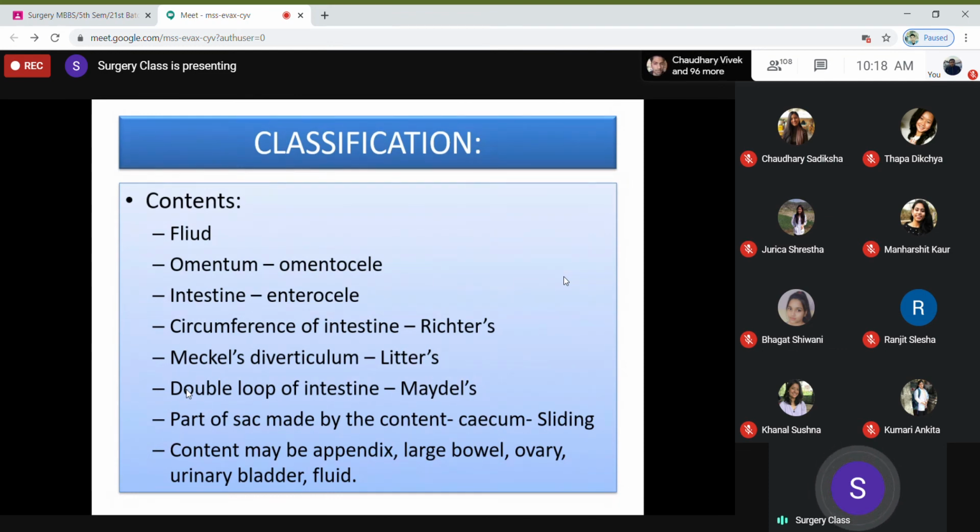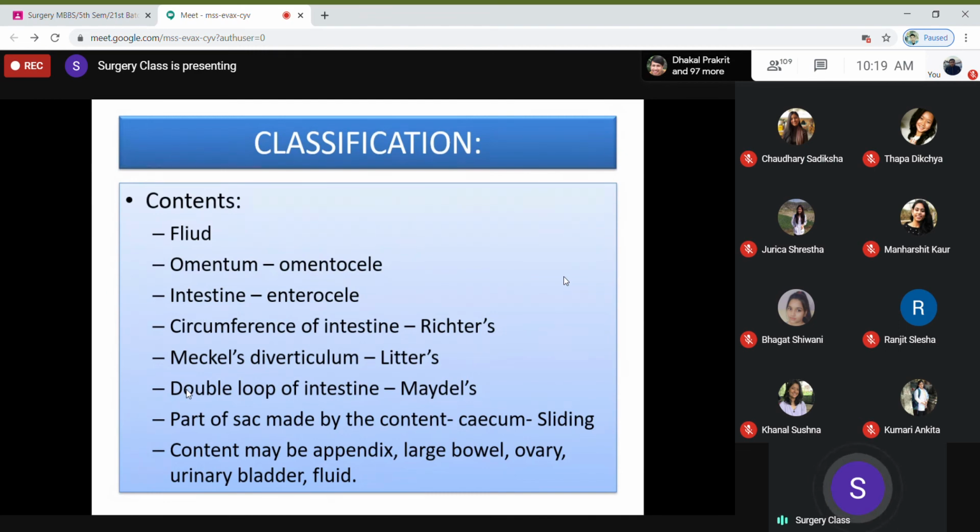During that time, it drags a tube of peritoneum down with it. So it has to close. If it doesn't close, there is a patency between the abdominal cavity and the exterior, which is known as a congenital hernia. In that one, you usually find peritoneal fluid flowing. Otherwise, in acquired hernias in adults, there might also be fluid. So they might present in different ways.